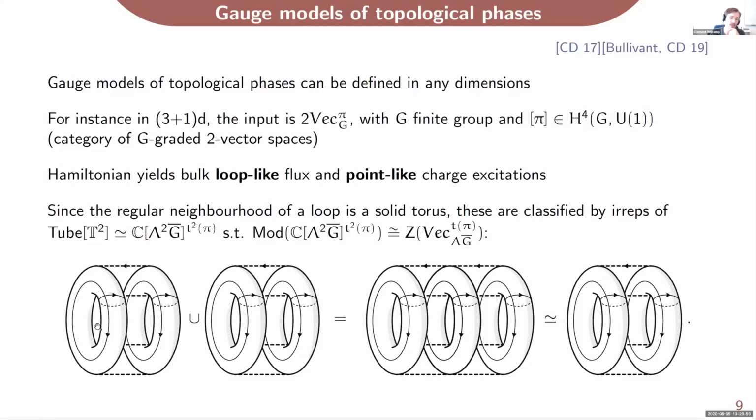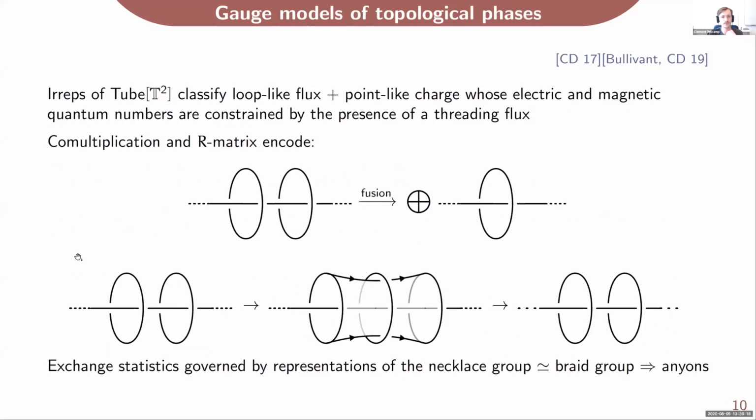This is done by the torus. The torus has two such non-contractible cycles, which is why we have two fluxes. And the charge corresponds to a violation of the gauge invariance at the vertex at which these two non-contractible cycles intersect.